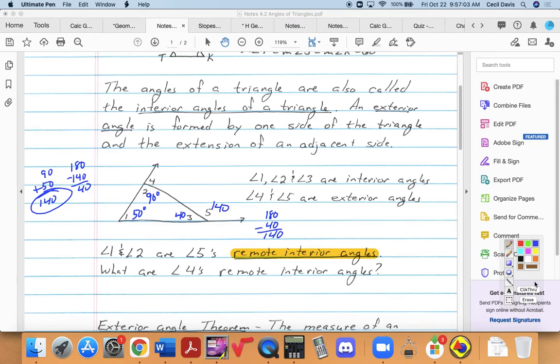Okay, let's try it again. So, Travis, give me something other than 50 for angle 1. 42. Okay. Ethan, give me something other than 90 for angle 2. 88. Okay. So let's see if it works. 88 plus 42 is 140. Let's not do 140 again.